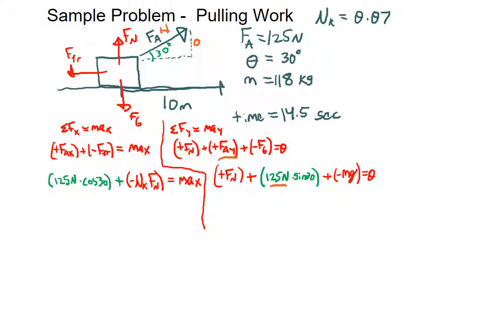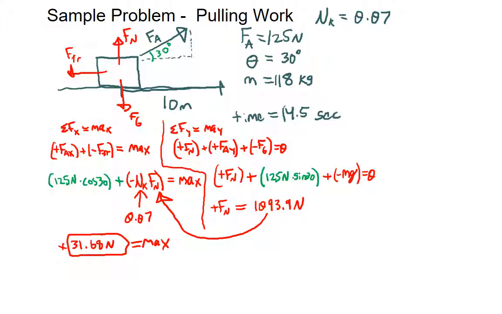And if you notice here, the normal force is not going to be equal to the force of gravity because we do have some force in the Y, and we end up getting a normal force of 1093.9, which we can place in here for the normal force and determine what the net force is. So we've got 0.07 as the coefficient, and we should get a net force of 31.68.